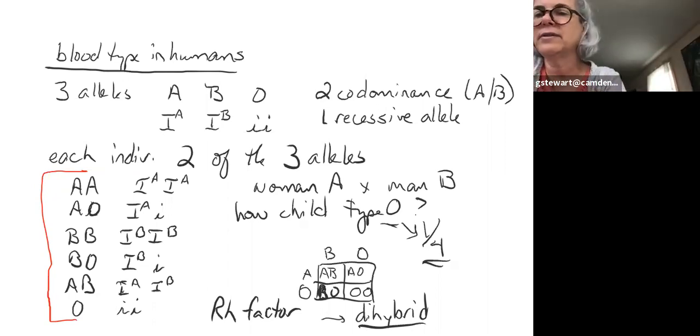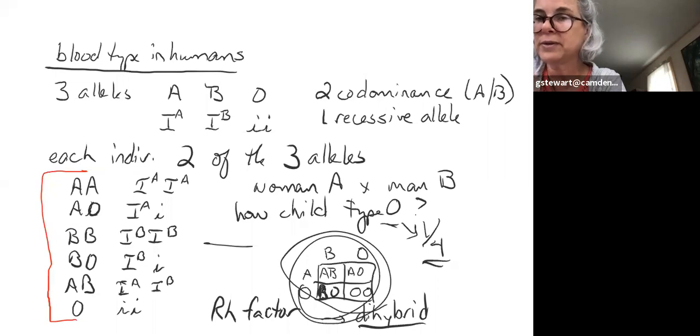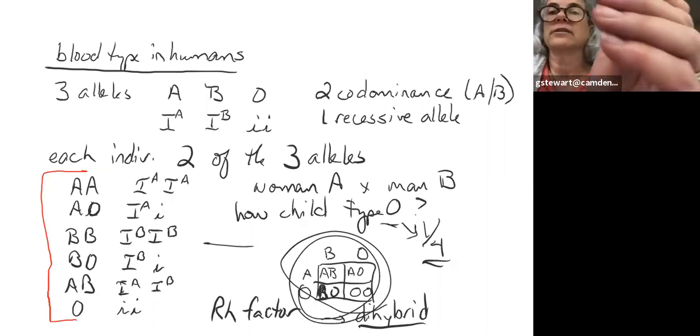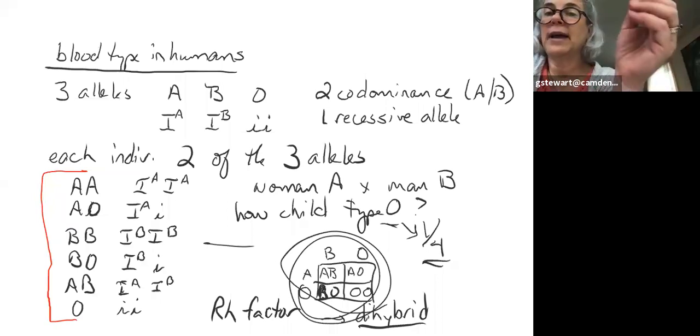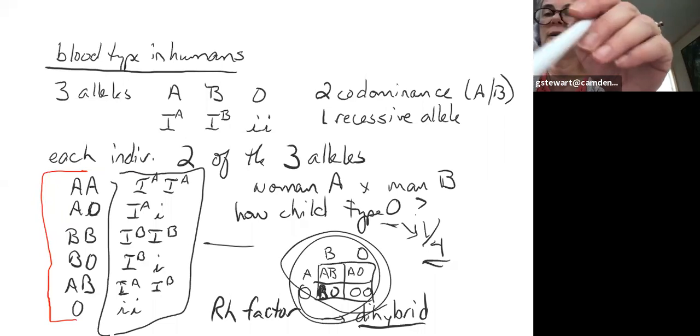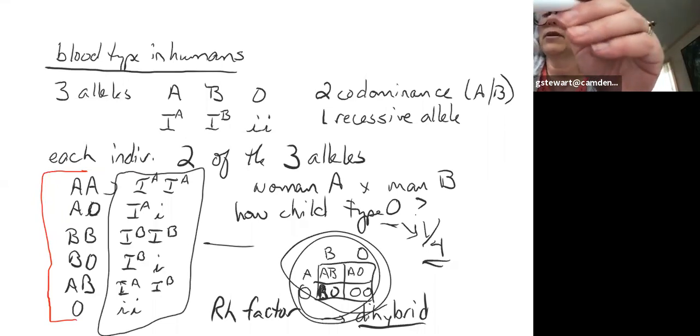This is the Punnett square: you'd have to figure out what the genotypes of the parents were, make the Punnett square, and then be able to answer the question. Yes, you should know A, B, and O, absolutely. And like I said, this is the more formal way for them to be written.